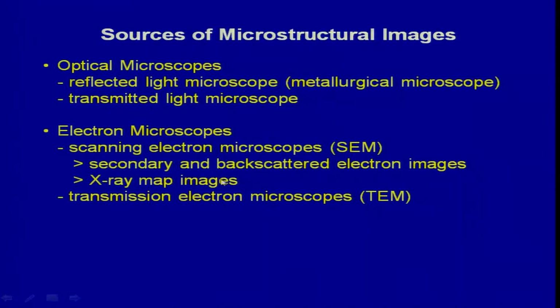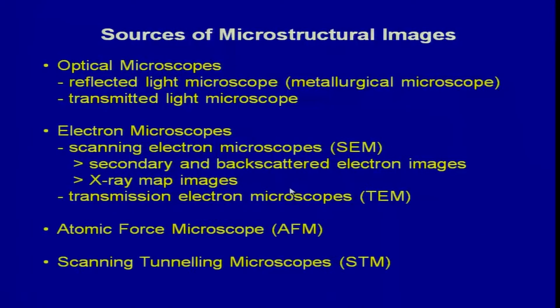However, this may not be true for X-ray map images, where the X-ray is coming from a large volume of the material. The transmission electron microscope would produce projected images. Then you also have many other microscopes like the atomic force microscope and the scanning tunneling microscope.